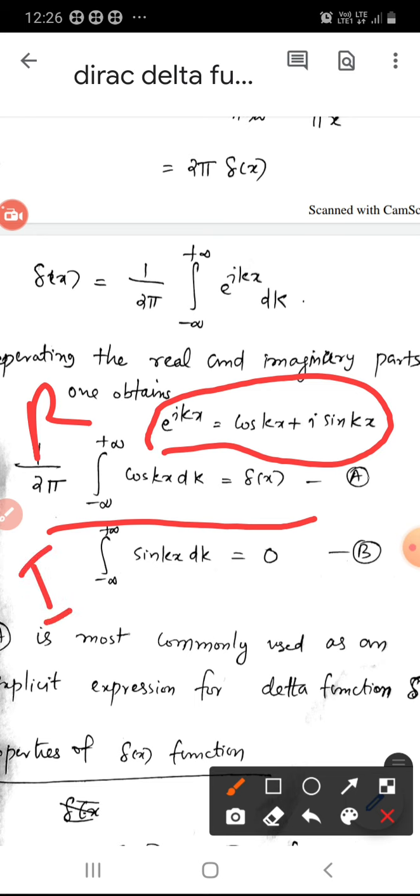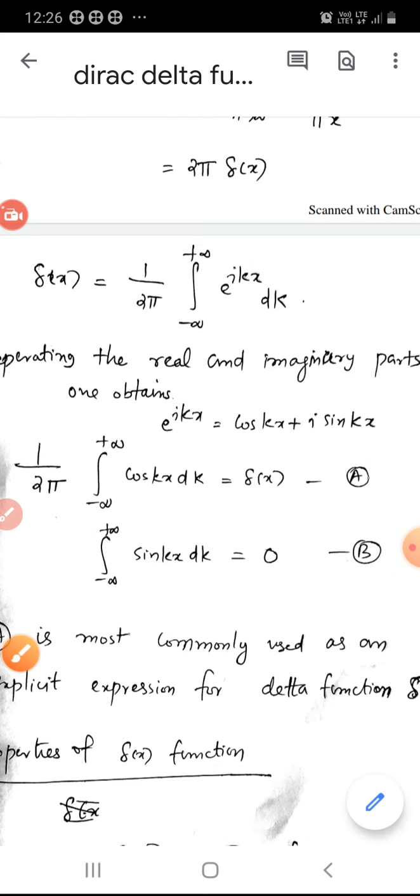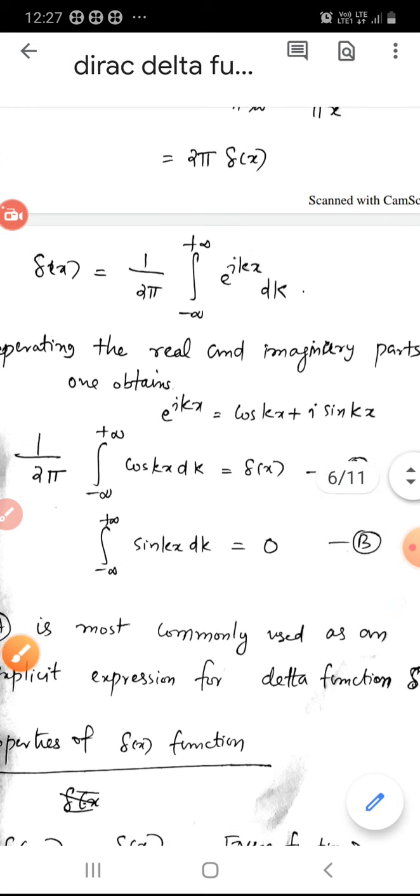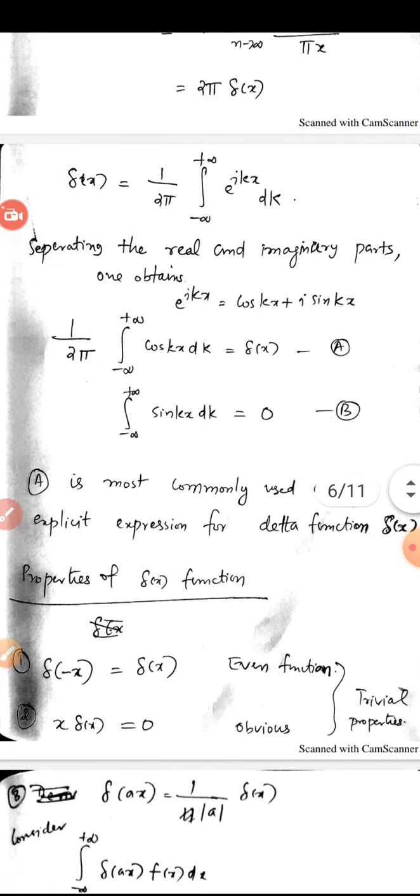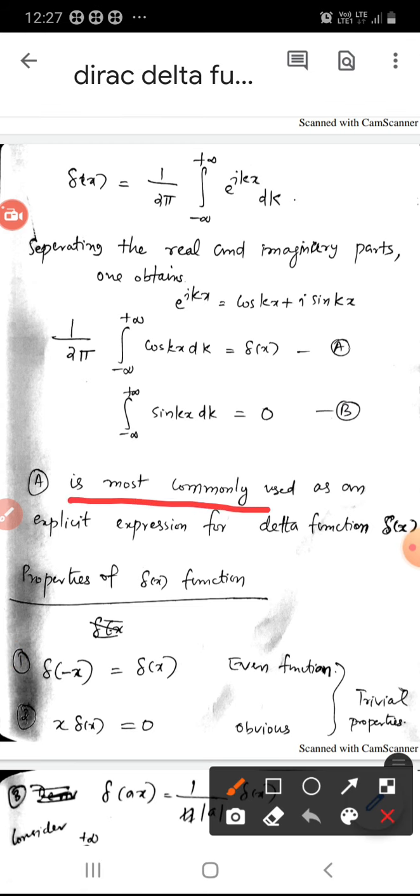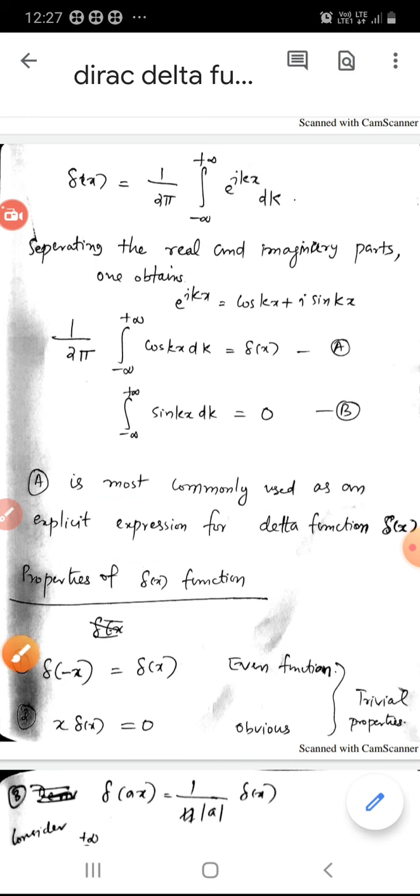And for the imaginary part, you will get the integral from minus infinity to plus infinity of sin kx dk equal to 0. This equation A is most commonly used as an explicit expression for the Dirac delta function.